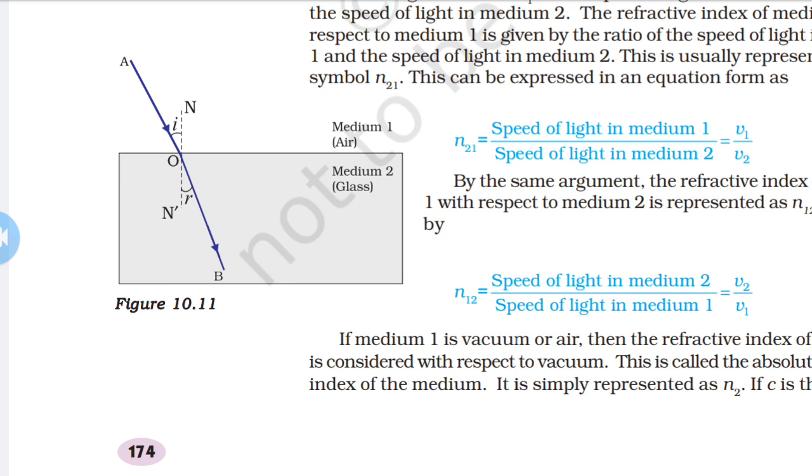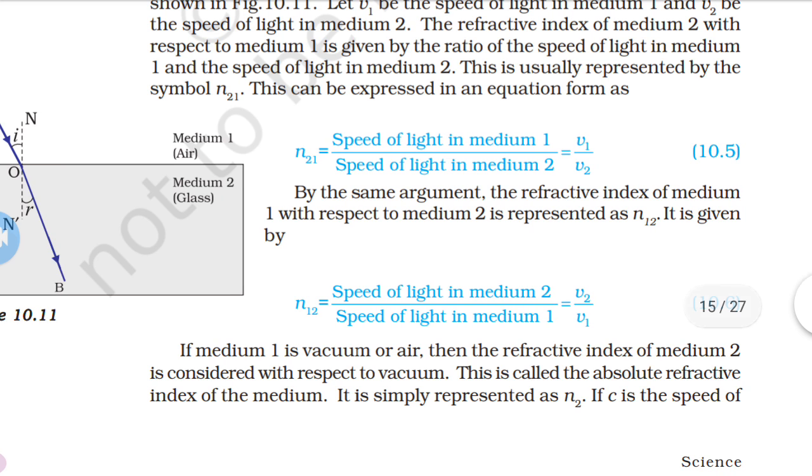The refractive index of medium 2 with respect to medium 1 is given by the ratio of the speed of light in medium 1 to the speed of light in medium 2, denoted by eta 21. Here eta is known as the refractive index. So eta 21 is equal to speed of light in medium 1 upon speed of light in medium 2, that is v1 upon v2.